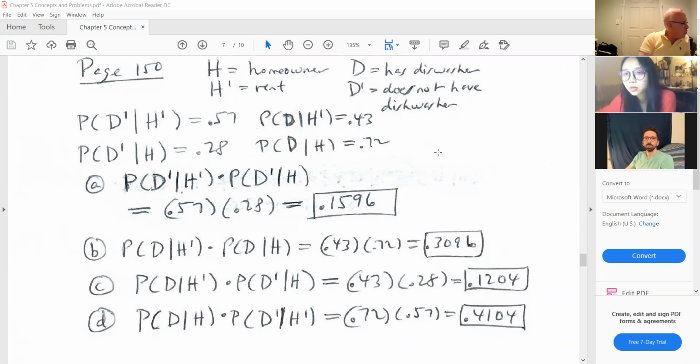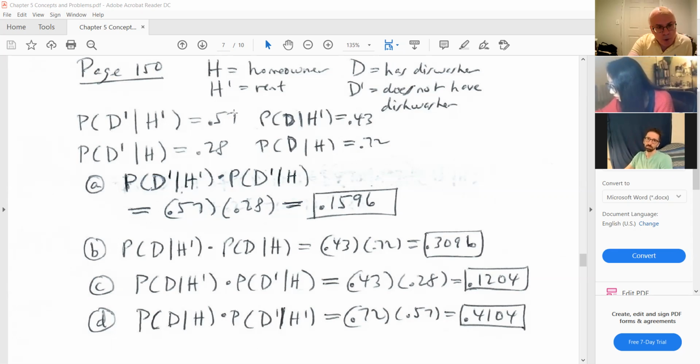What was given in the problem is the following. It says 50% of US households that rent do not have a dishwasher.